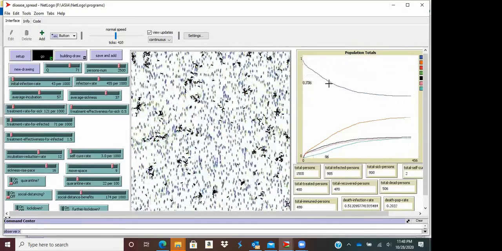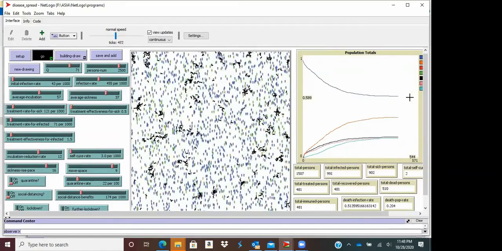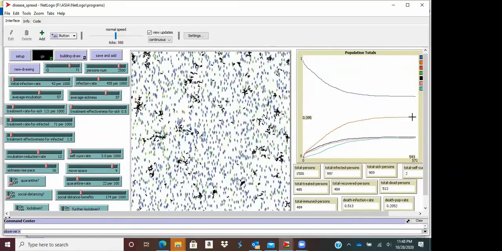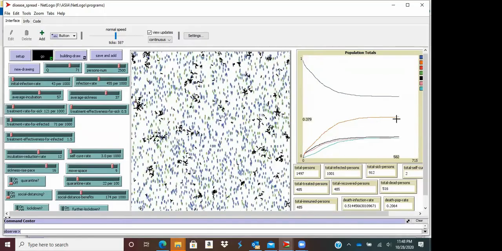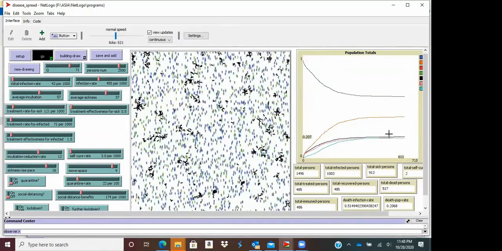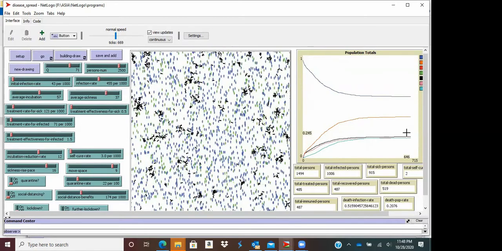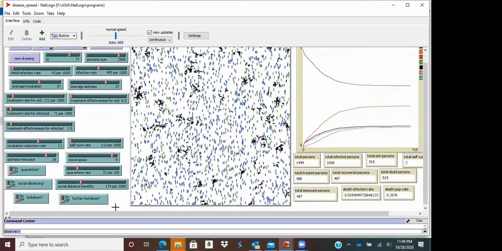That means those remaining healthy people are a lot fewer. The more the red line goes higher, the more people are affected. The black line also increases, which means more people died. So when there's no social distancing, no lockdown, no quarantine, more people died.